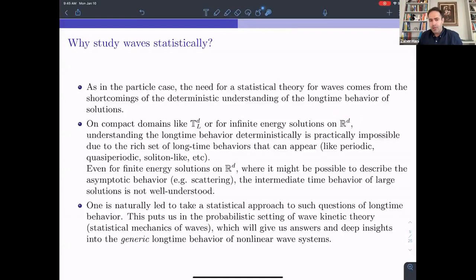And actually, a deterministic understanding is practically impossible. This is because we have a big zoo of possible long-time behaviors in those settings. So we have periodic behaviors, quasi-periodic, soliton-like, a lot of chaotic-like behaviors. So we see a lot of possible behaviors rather than one or finitely many, if you like.